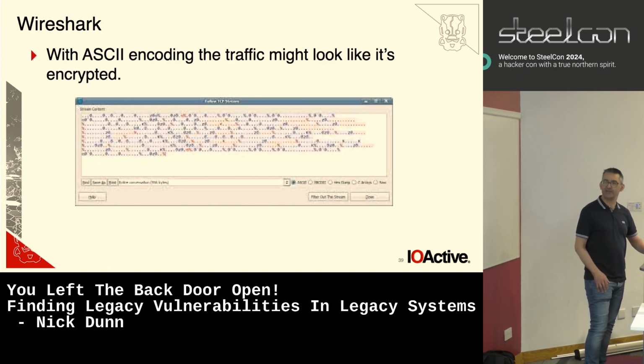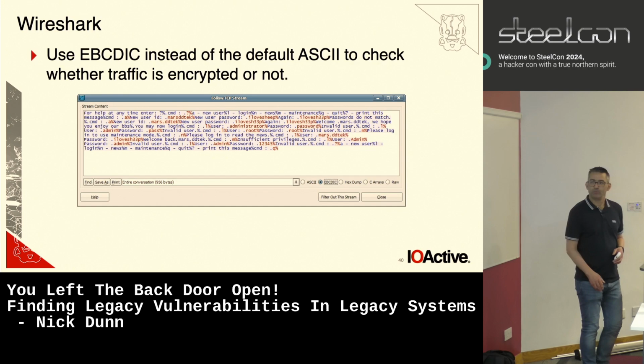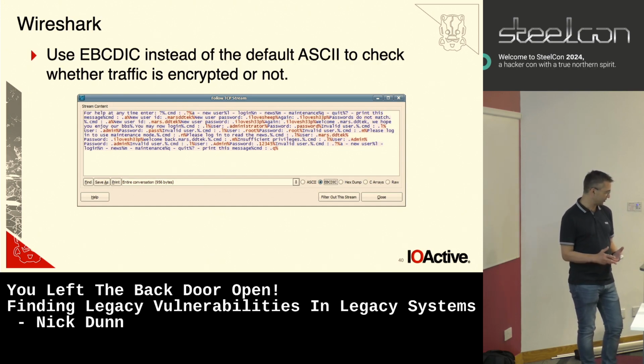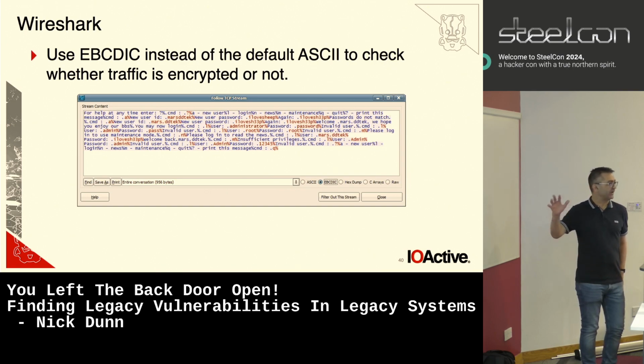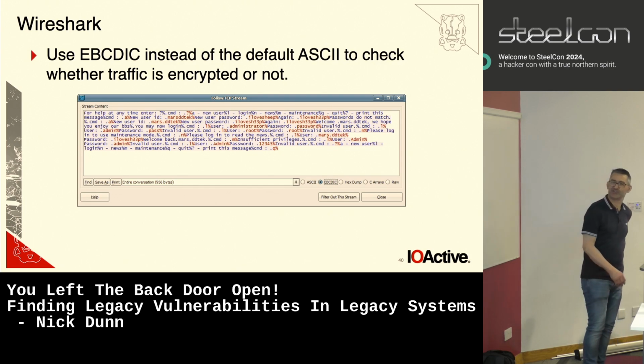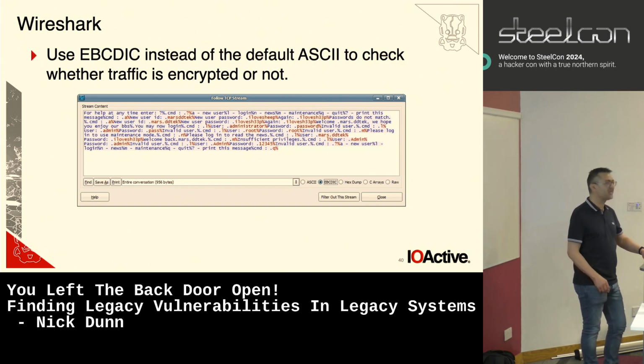You might mistake it for being encrypted. But if you switch to EBCDIC coding, it all suddenly becomes readable. That's not any real company's passwords. It's a screenshot from somebody's CTF that I found on the web. No parties have been endangered.